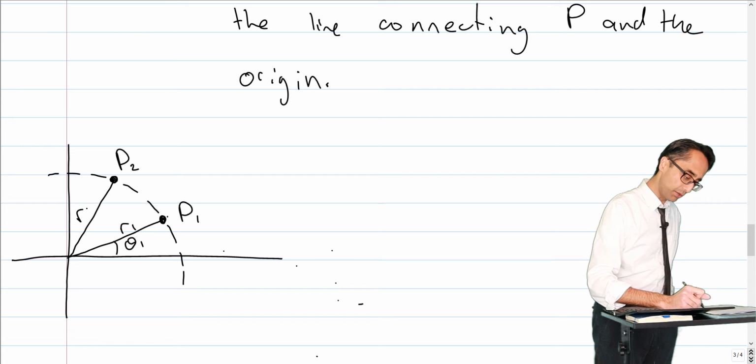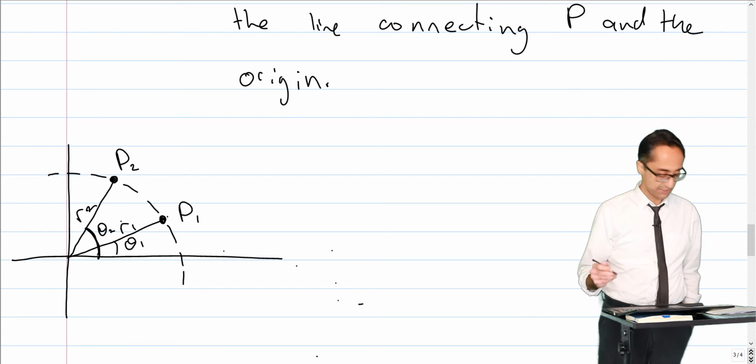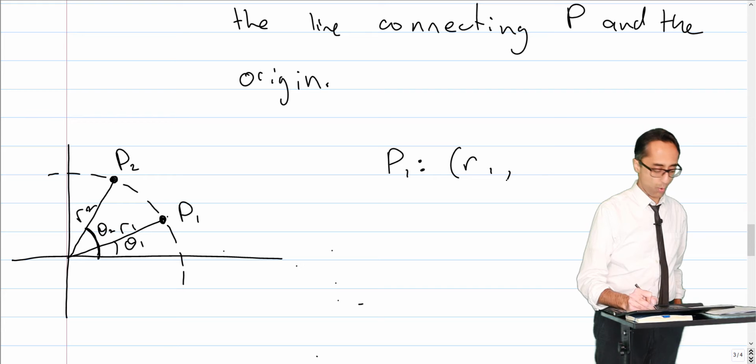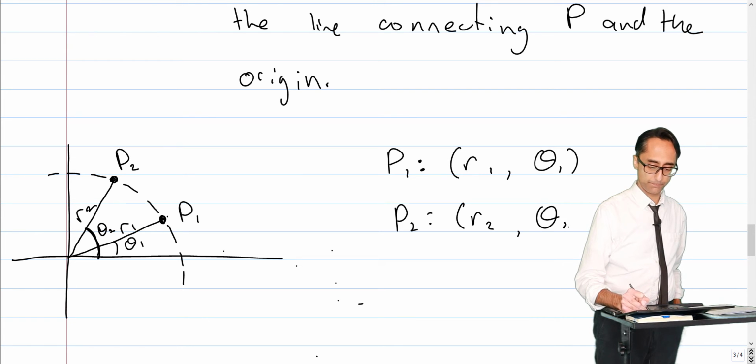And P2 also has its own R and its own theta. So let's call that R2 and theta 2. And so we can write our P1 as R1 theta 1 and our P2 as R2 theta 2.